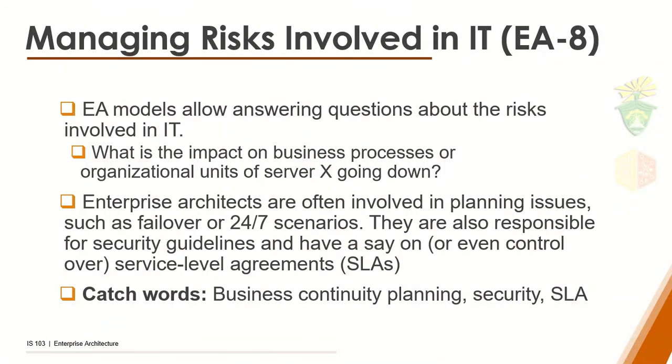So, enterprise architects are sometimes involved in planning issues such as failover or 24/7 scenarios. They are also responsible for security guidelines and have a say on service level agreements. Catchwords are business continuity planning, security, and service level agreements.